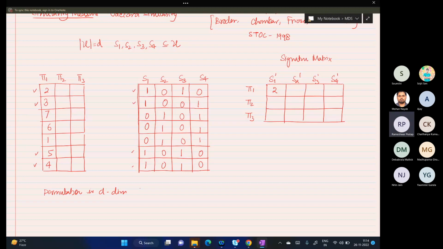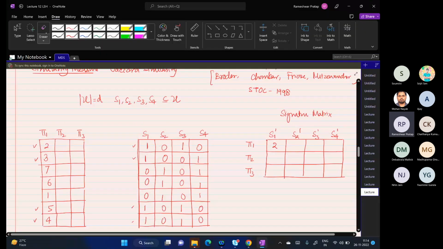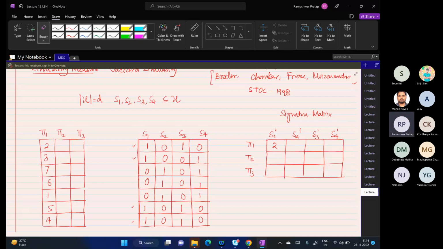Similarly for S2, we need to see in which indices we get 1. We have 7, 6, and 1. So for S2, we focus on the permutation values corresponding to the 1 positions in S2: 7, 6, and 1.